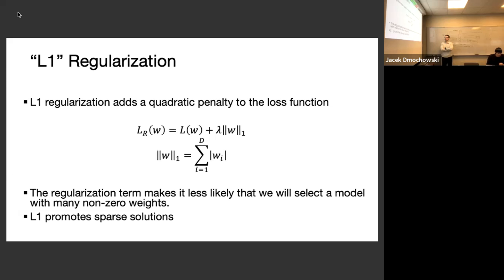When I first saw this, I wondered how this could possibly lead to a lot of zero weights? But it actually does. I've just let experience convince me that this really does work, in the sense that if I minimize this function, L(W), a lot of the W_i, a lot of my model coefficients, will end up being essentially zero.